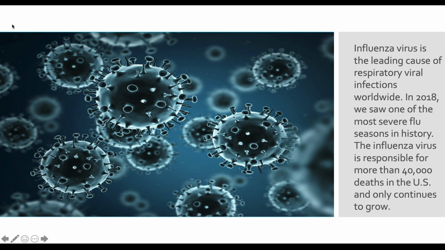In the start of 2019 and 2020, and now even in 2021, we've seen a decline in the influenza virus that has been taking place because of a virus that we all know as COVID-19. In the past, between 2000 and 2018, the average number of influenza deaths in the United States was around 40,000, and that grew slightly every year but stayed proportional based off the population and the percentage.